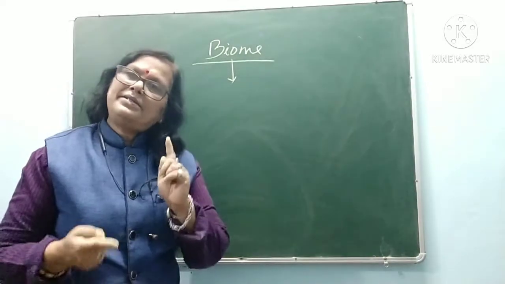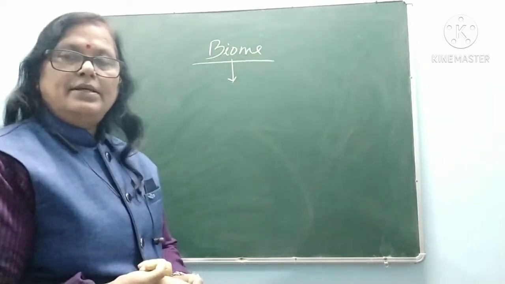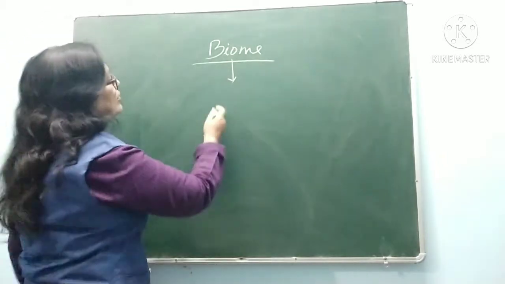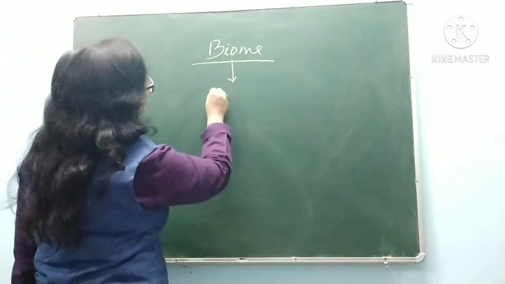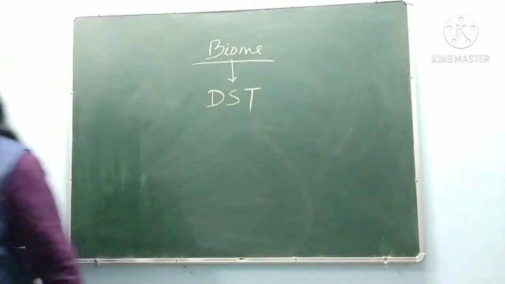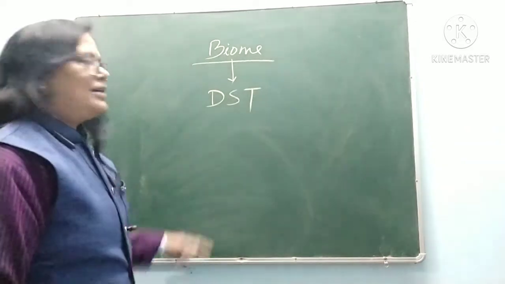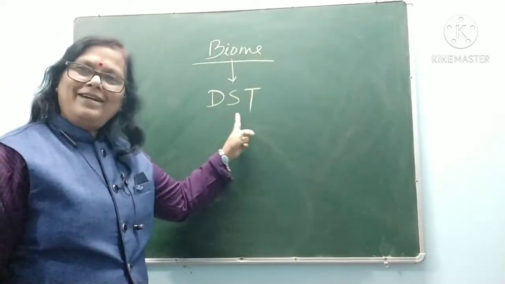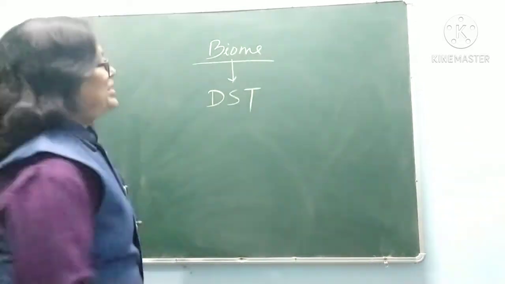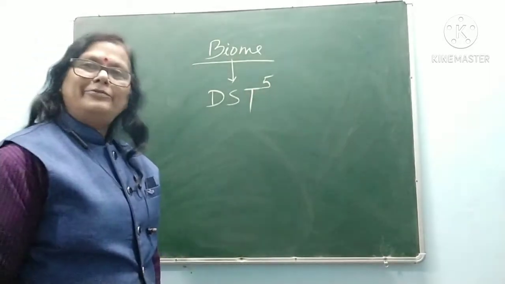There are actually 7 categories of biome on this earth. 7 categories of biome. So you may remember as DST. It is a very important term. DST, Department of Science and Technology. But you have to remember DST to the power 5.